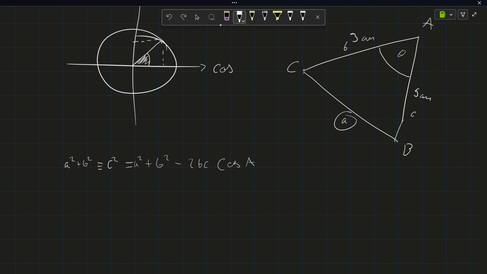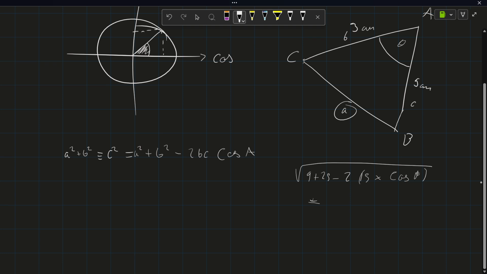Anyways, it would just be 9 plus 25, take 2 times 15 times cos of theta, which is then equal to 34 take 30 cos theta, which is finally equal to 4 take 2 of theta, square rooted, of course.